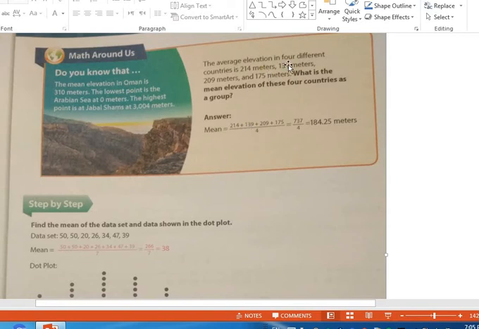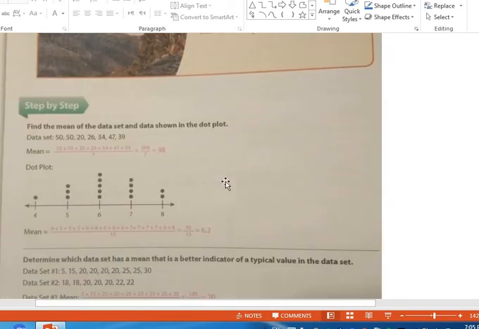The average elevation in 4 different countries is 214 meters, 139 meters, 209 meters, and 175 meters. What's the mean elevation of these 4 countries as a group? Here I have the mean. I will add all the values over the number of values, so it gives me 184.42 meters. It's very easy.